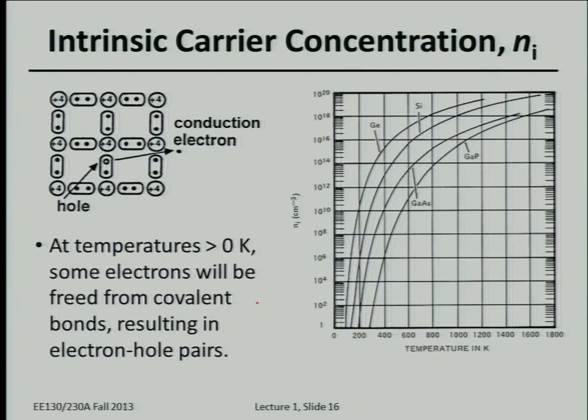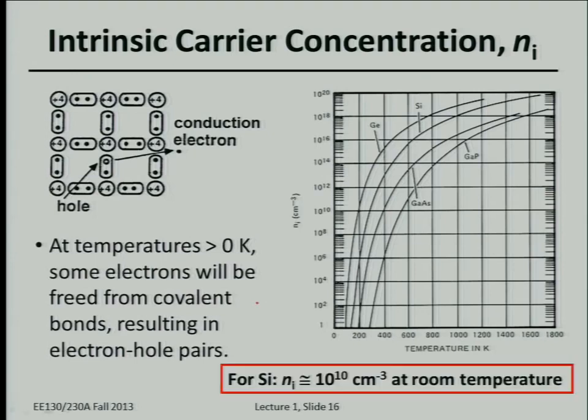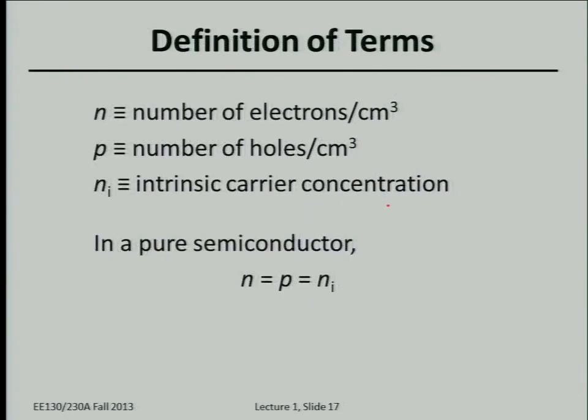So here's a plot of the intrinsic hole and electron concentration as a function of temperature, and you can see it increases exponentially as you increase the temperature. The one key number you need to remember: at 300 Kelvin, that's room temperature, the intrinsic concentration of electrons is equal to the intrinsic concentration of holes. This is n sub i, and that's 10 to the 10. That's a nice round number to remember at room temperature.